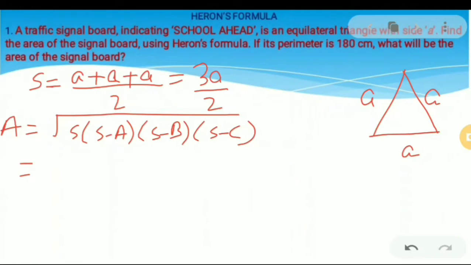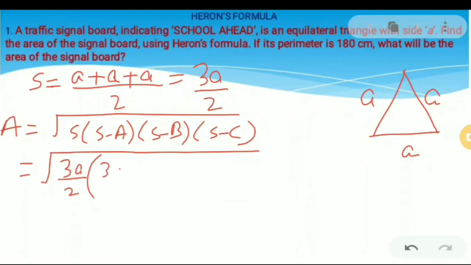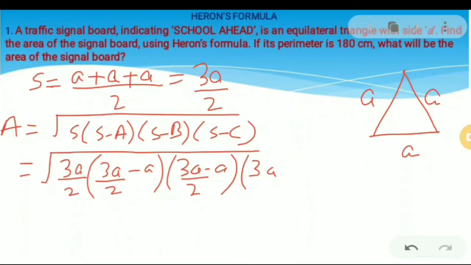So let us put this value. We will get 3a upon 2, then (3a upon 2 minus a), then again (3a upon 2 minus a), then again (3a upon 2 minus a), all under the root sign.